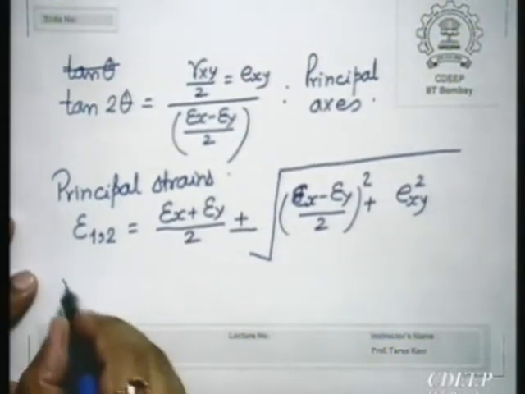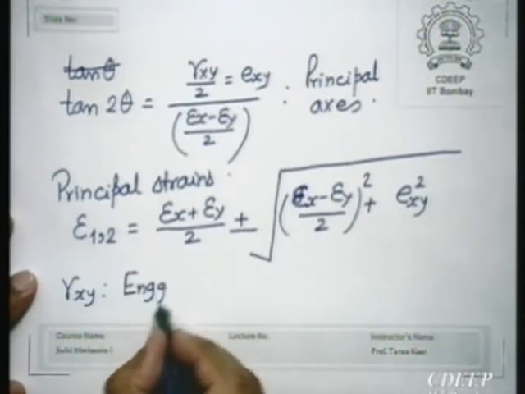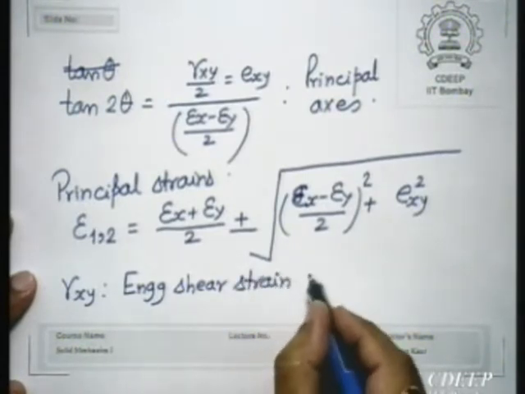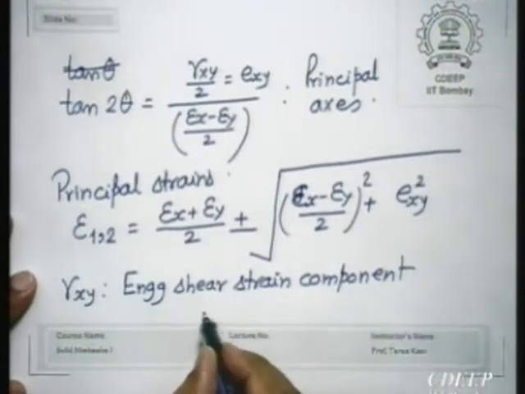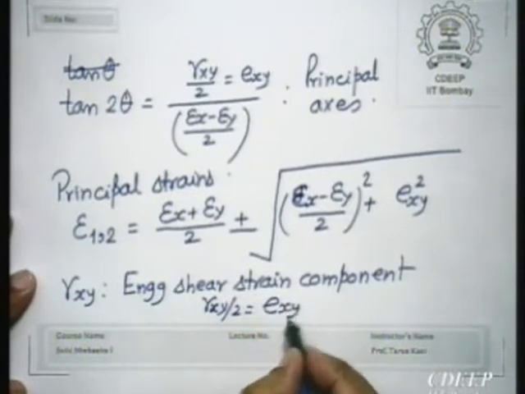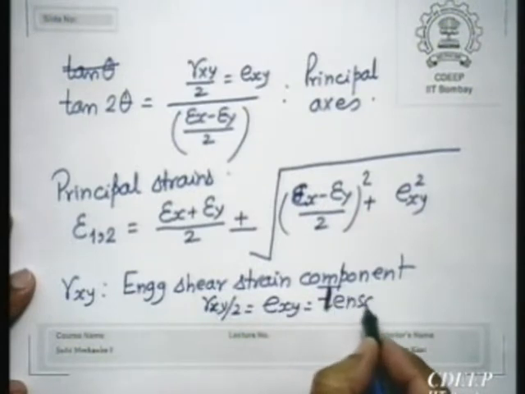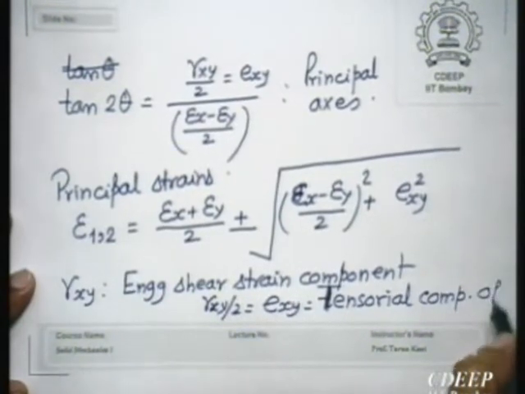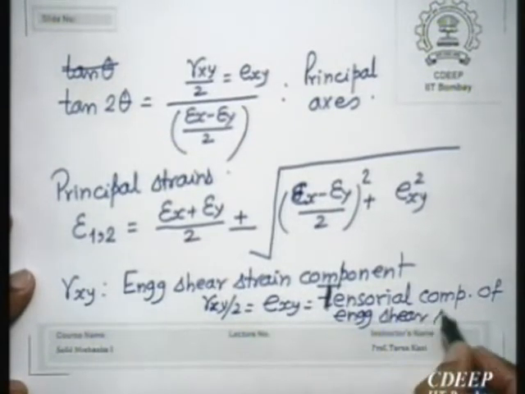By the way, gamma is called the engineering shear strain component, and then half of that, which we are now calling exy, is called the tensorial component of engineering shear strain.